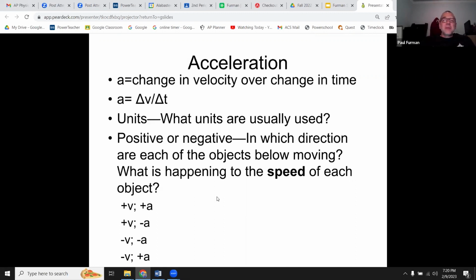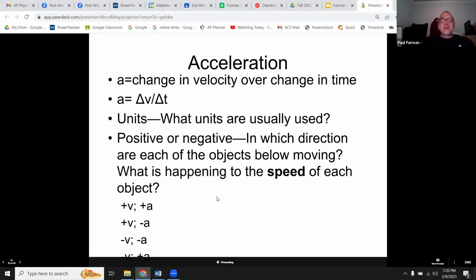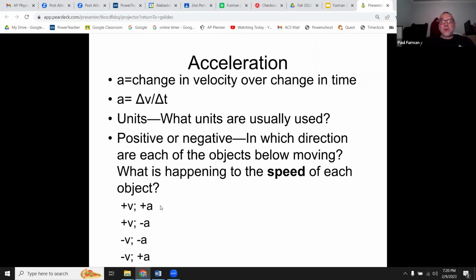So in which direction, look at the four possibilities down at the bottom. It says, in which direction are each of the objects below moving, and what is happening to the speed of each object? So first, when you see positive velocity, positive acceleration, it's moving to the right or up in the positive direction, and with a positive acceleration, it is speeding up.